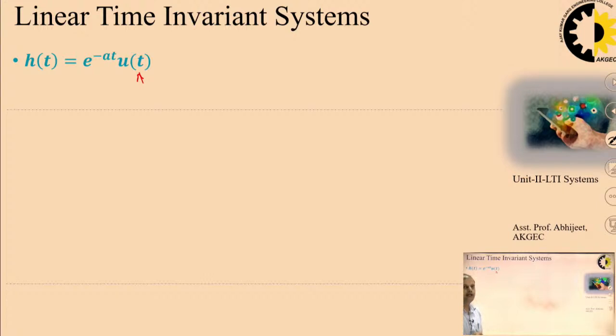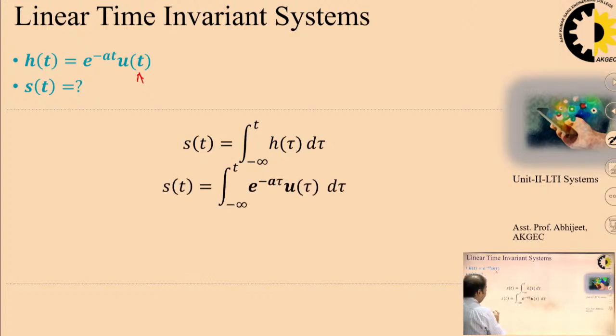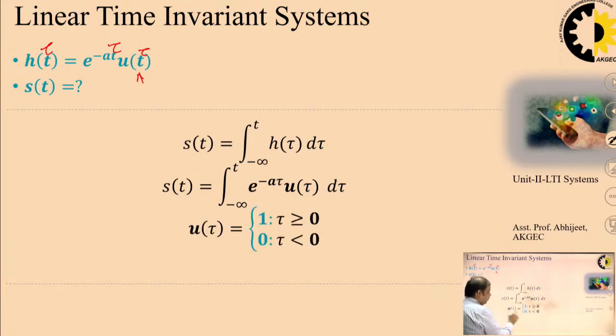As I have discussed in the previous slide, s of t is nothing else but the integration of the impulse response. So I will write h of tau, which means I will replace this t with tau here, so this will become e to the power minus a tau and this will become u of tau. I will use the property of the unit step signal, that u of tau will be 1 when tau is greater than or equal to 0, and u of tau will be 0 when tau is less than 0.